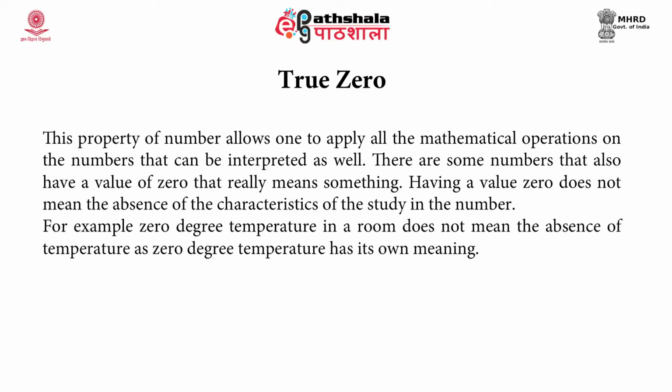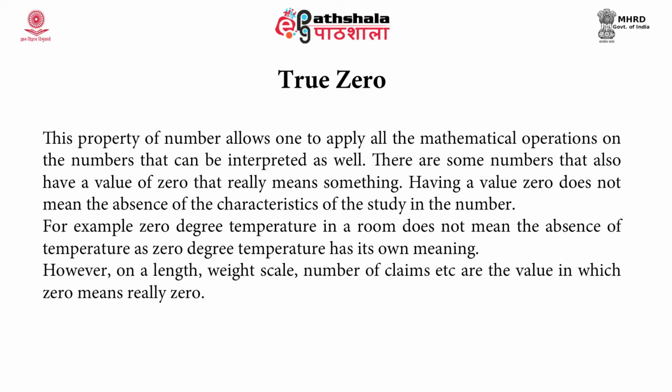There are some numbers that also have a value of 0 that really means something. Having a value 0 does not mean the absence of the characteristics of the study in the number. For example, 0-degree temperature in a room does not mean the absence of temperature, as 0-degree temperature has its own meaning.